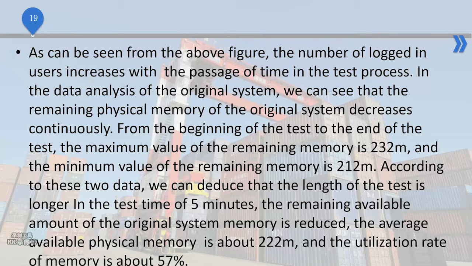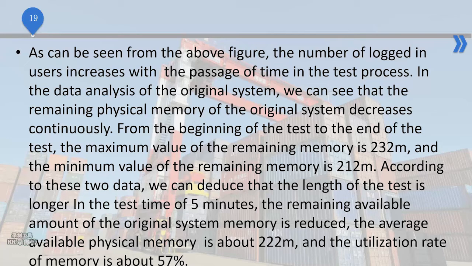From the beginning of the test to the end of the test, the maximum value of the remaining memory is 232 M, and the minimum value of the remaining memory is 212 M. According to those two data, we can deduce that as the test goes on, over the test time of 5 minutes, the remaining available memory of the original system is reduced.